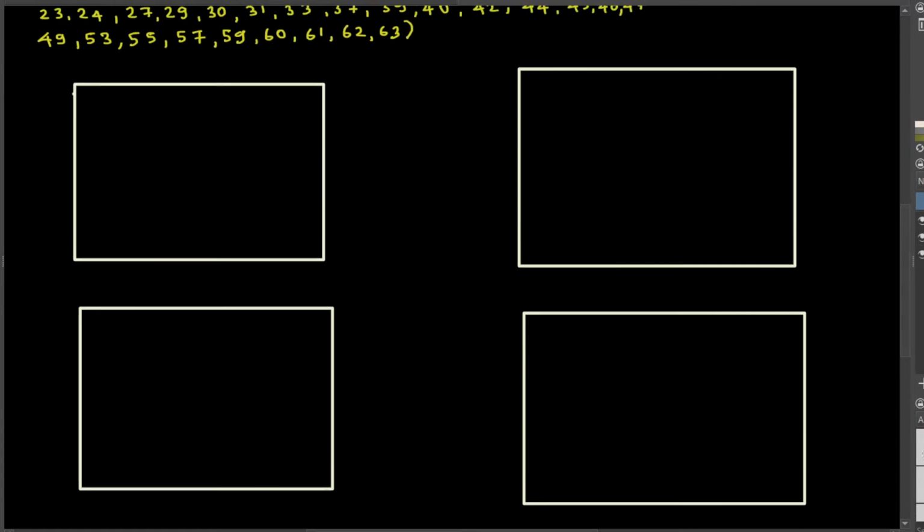Okay, and this KMap is when A is equal to 0 and B is equal to 0.